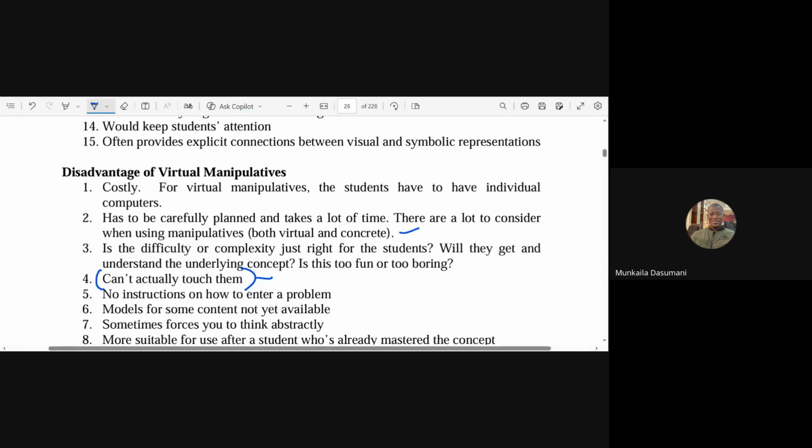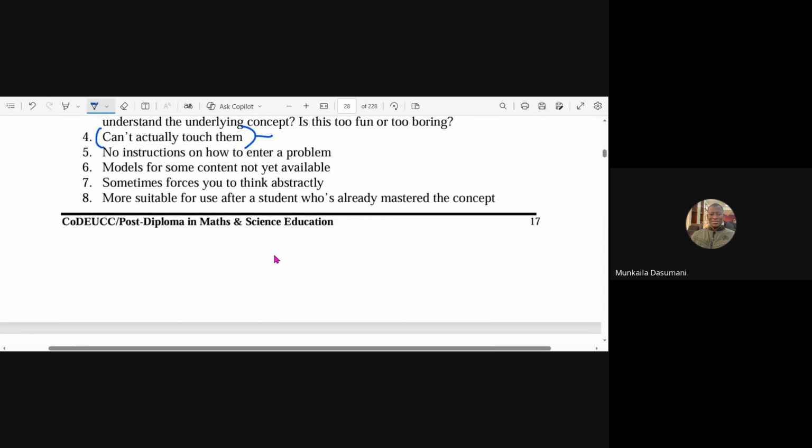Some topics and some modules are not available because research on virtual ones is ongoing and people are still developing. Like when AI came in, there was a workshop I went to, and a very big professor from France, and I asked him a question about his stand on AI.